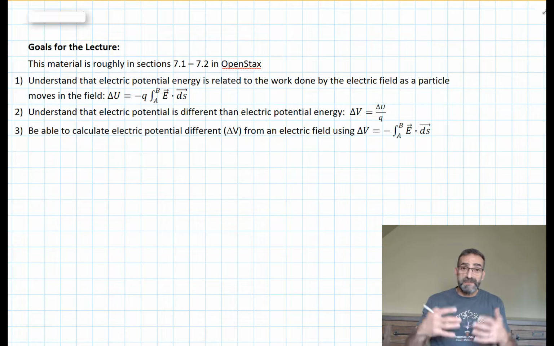And electric potential is linked to work. So as long as you have a basic understanding of work from your mechanics class, you'll be okay here. And if you don't, we're going to do a quick review right now.